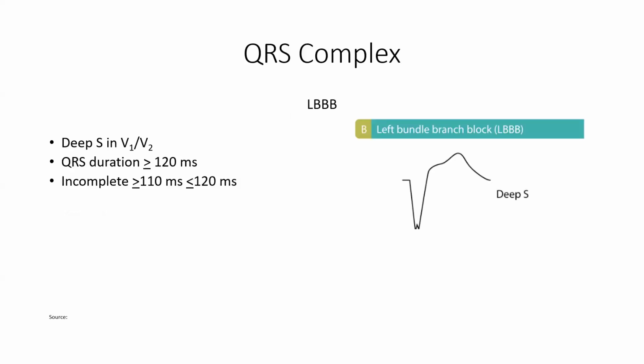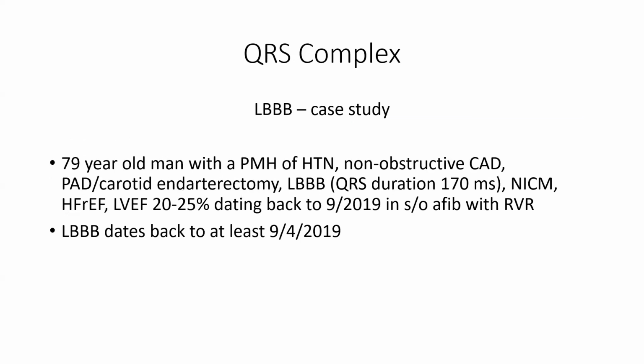Left bundle branch block case study, 79-year-old patient with non-obstructive coronary artery disease. He has vascular disease elsewhere and quite a wide QRS duration, 170 milliseconds, normal is under 120.